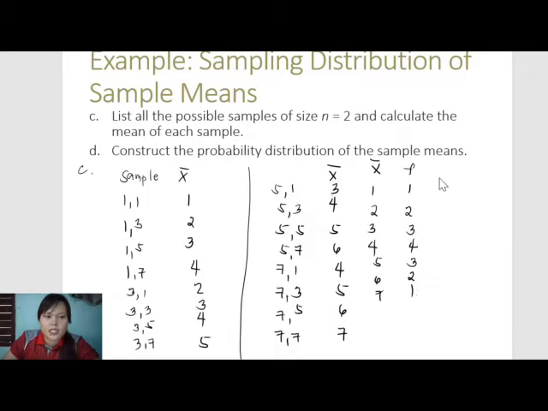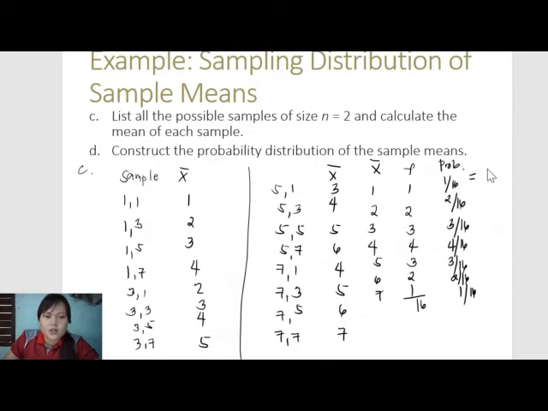So we can get the probability of that. That would be 1 over 16, because 16 is the total. 1 over 16, 2 over 16, 3 over 16, 4 over 16, 3 over 16, 2 over 16, and 1 over 16. With that, you can graph it using the probability.